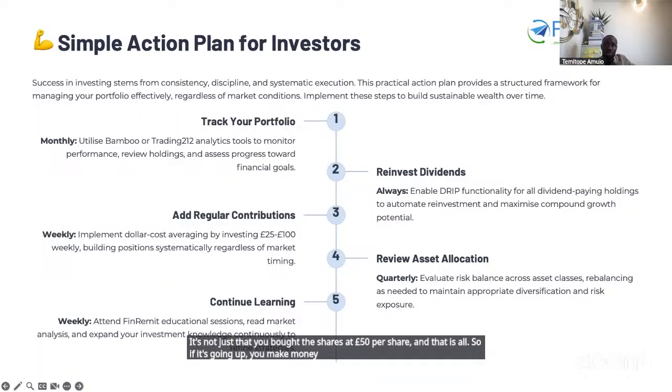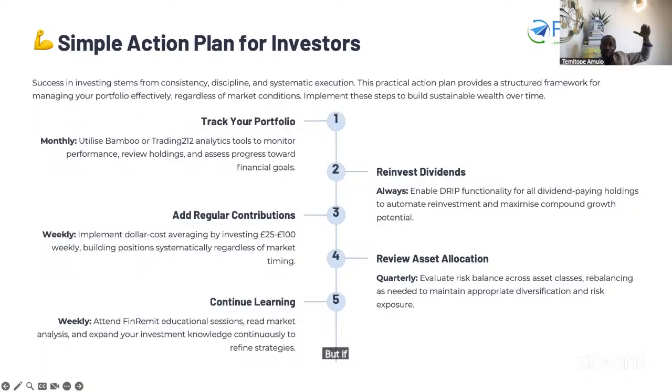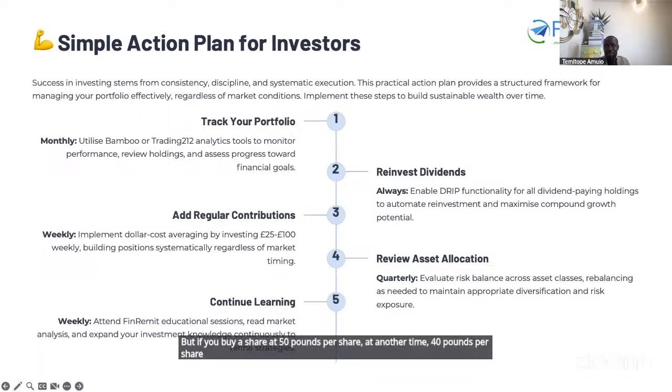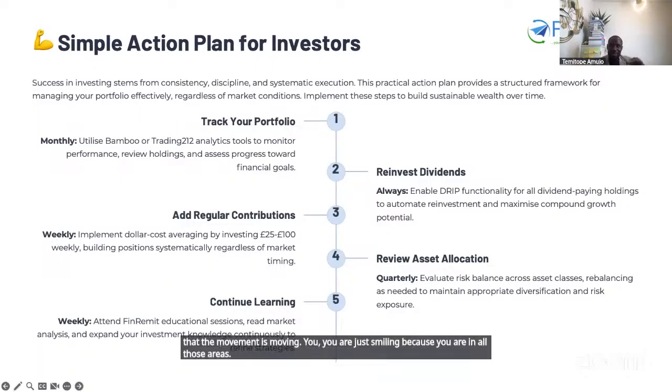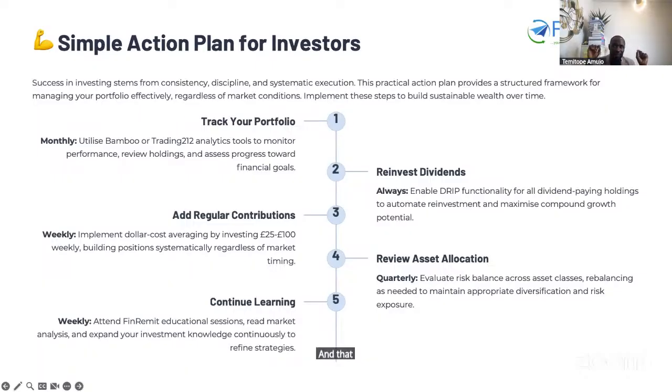If it's coming down, you lose money. But if you buy a share at £50 per share, at another time £40 per share, another time £30 per share, another one 55, then at any wave that the movement is moving, you are just smiling, because you have bought shares at different prices, and that's what makes your averaging balanced.